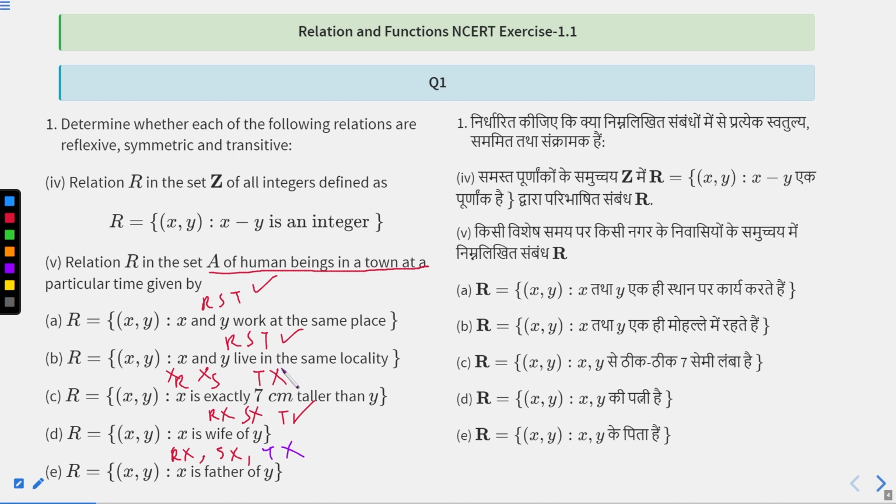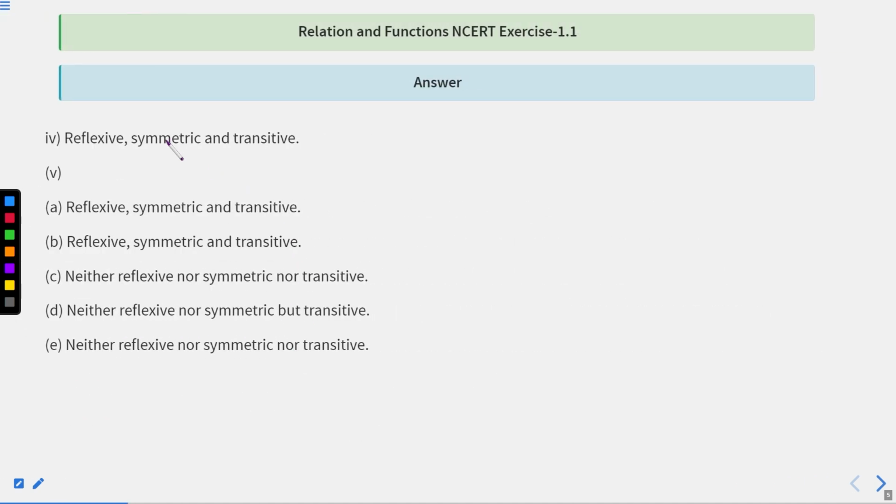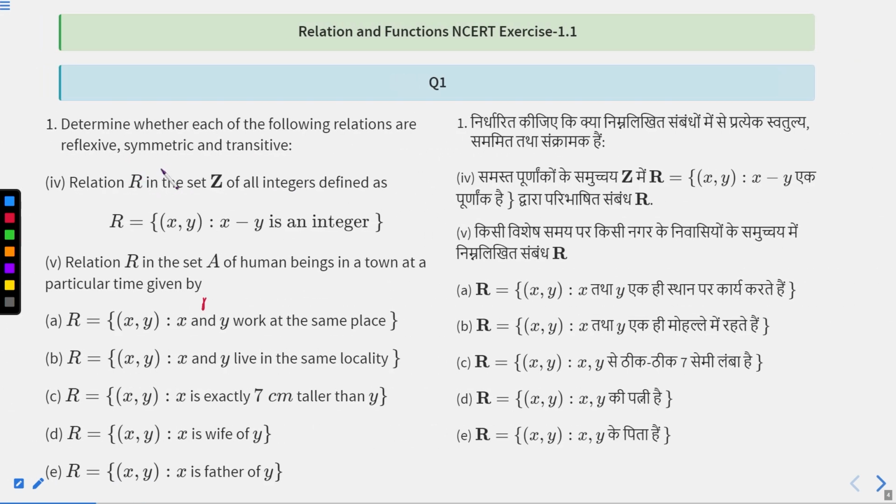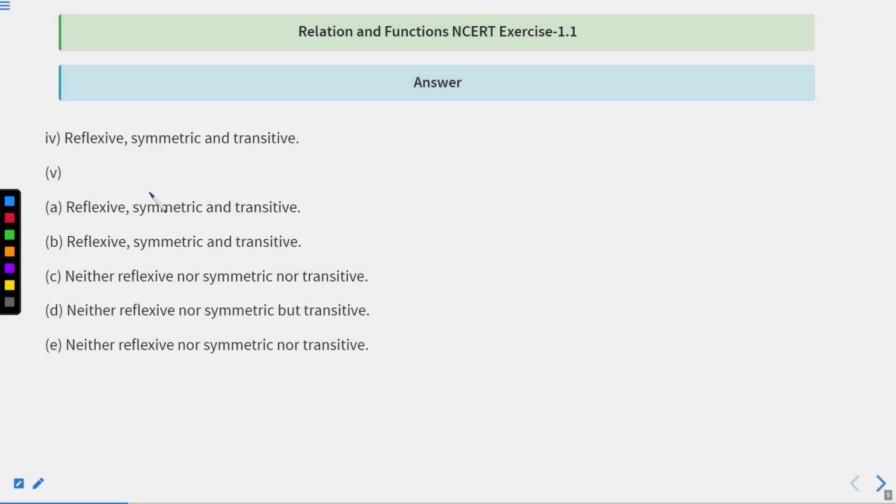I hope this is very clear to you. So let's see. In the first parts, A and B, we saw that reflexivity, symmetry, and transitivity hold. But in the C part, it is not reflexive, not symmetric, and not transitive.